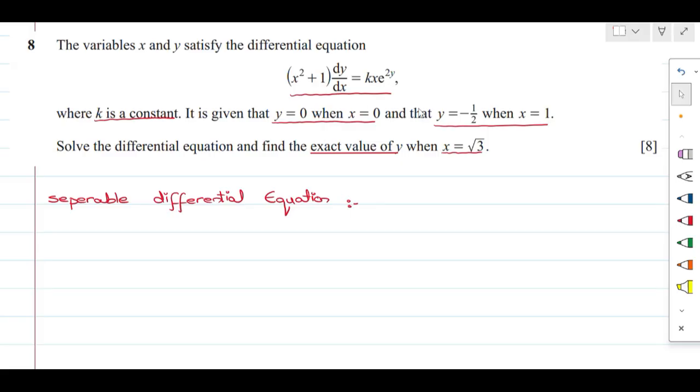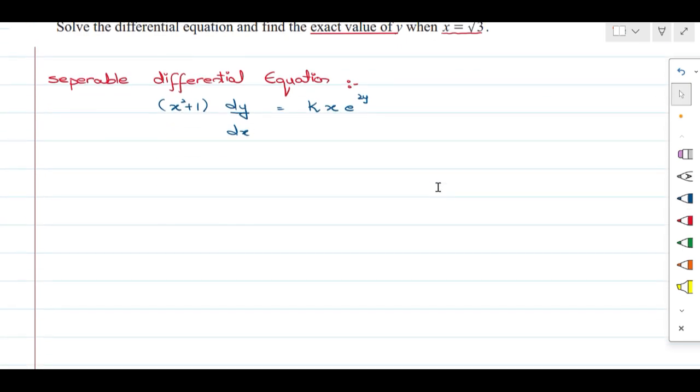So let's see: (x squared plus 1) multiplied by dy over dx equals k x e to the power 2y. This is a function of x, this is a function of y. Okay, so let me try to separate it.